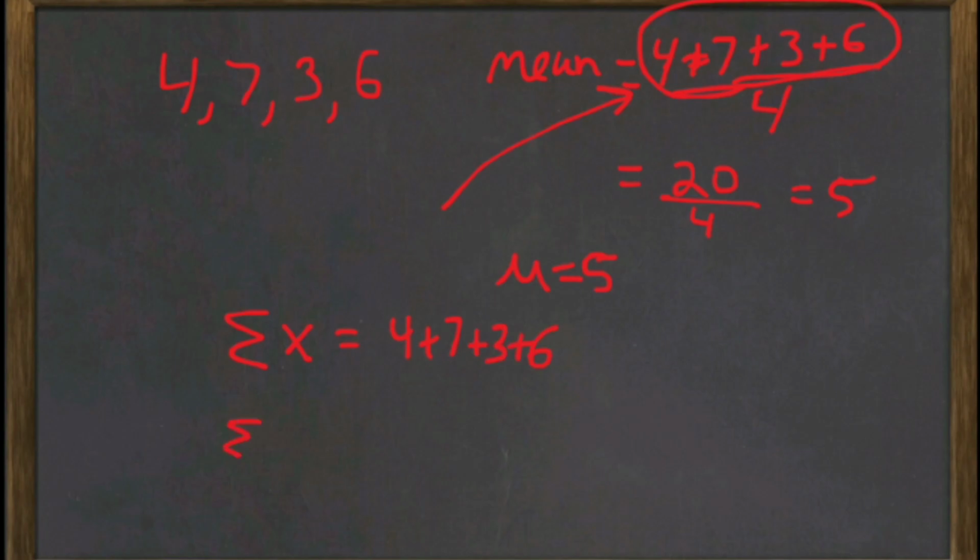Okay, and so then when I do sum over x divided by n, that's going to be what we just did. 4 plus 7 plus 3 plus 6 divided by 4, where n is equal to 4. Okay, so the notation there is just a shorthand so that we can say, hey, add up all of the stuff contained in x, where x is the variable, right? So in this case, x is a variable which contains these 4, right?